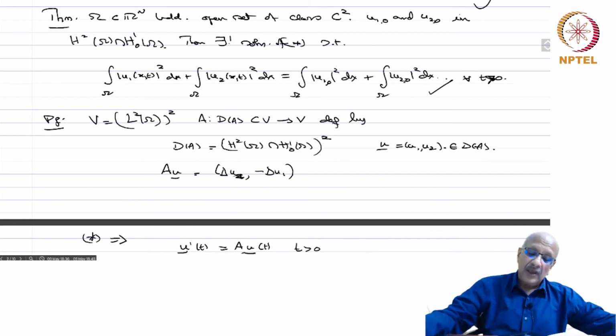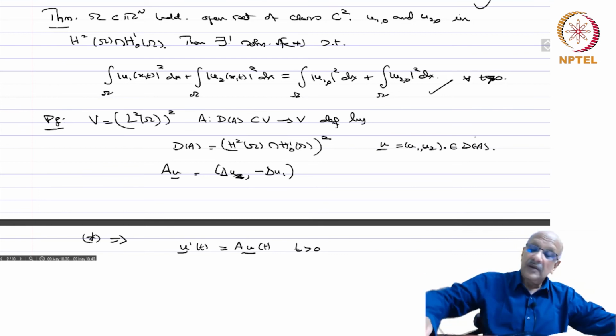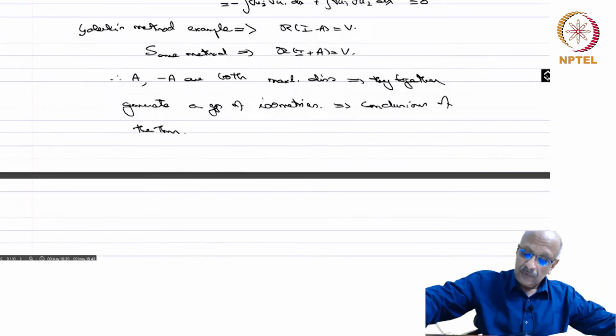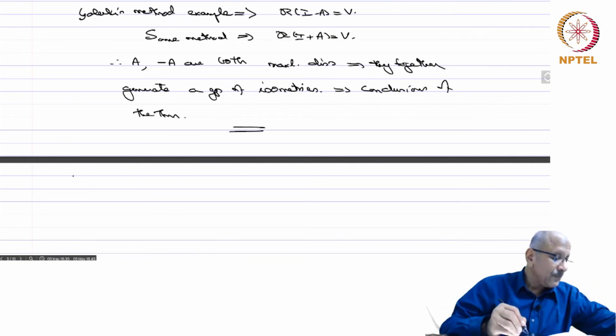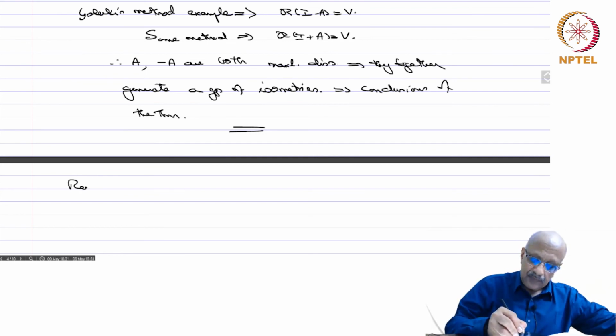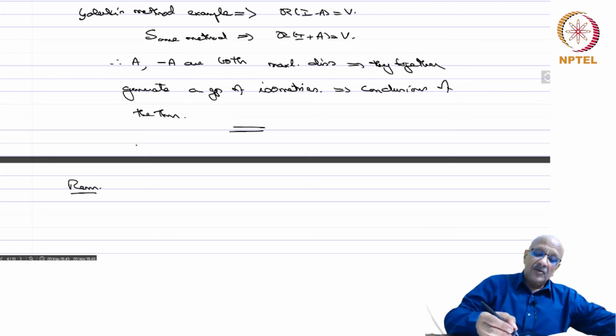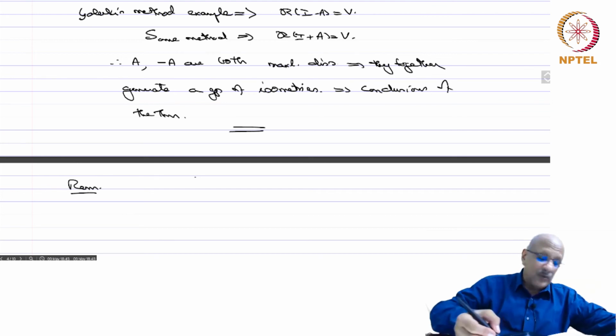It preserves the norm of the initial value throughout. So this represents the solution. Therefore, you have a unique solution for the Schrodinger equation through its real and imaginary parts. The Schrodinger equation looks like the heat equation, but it is solved using methods like those for the wave equation.